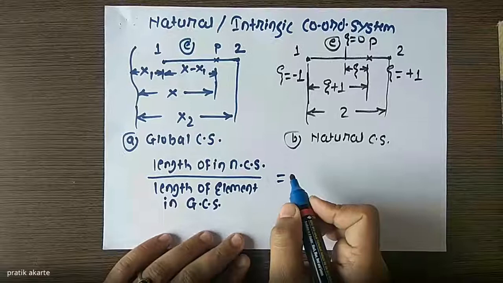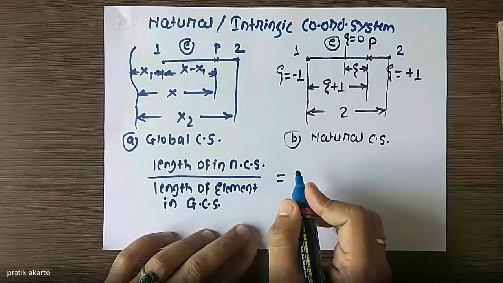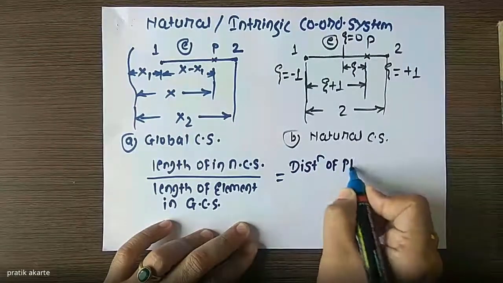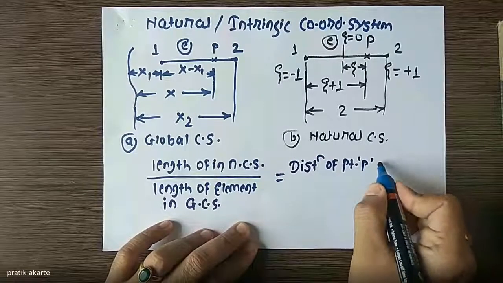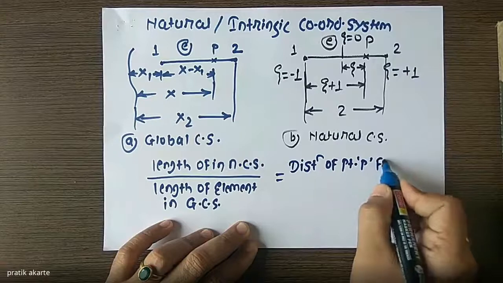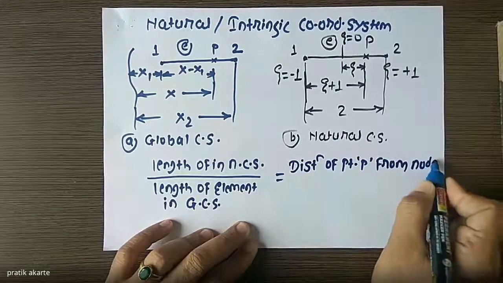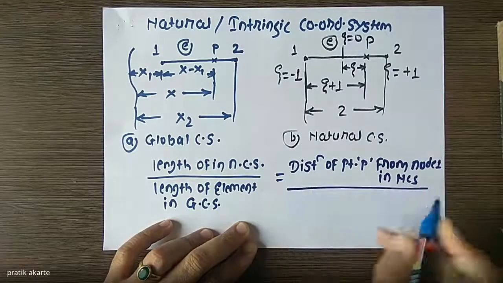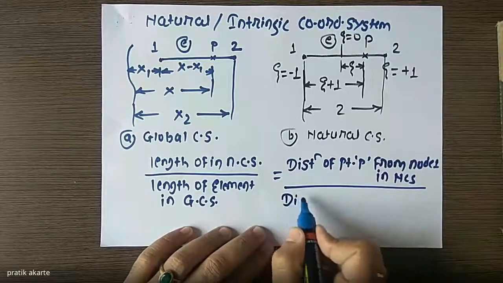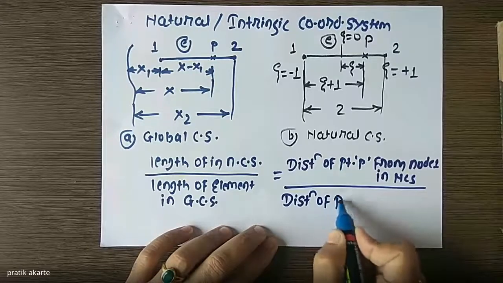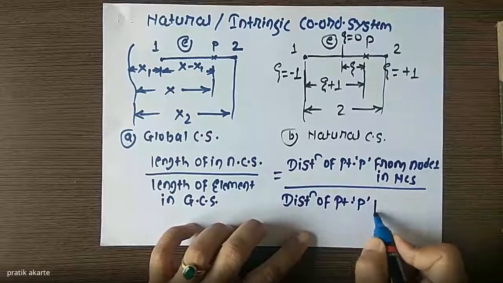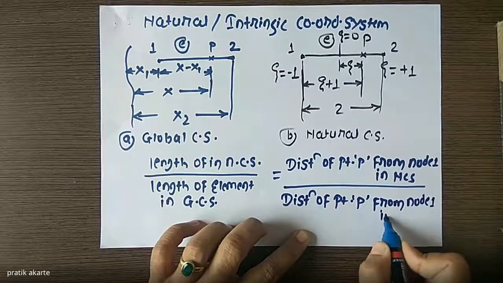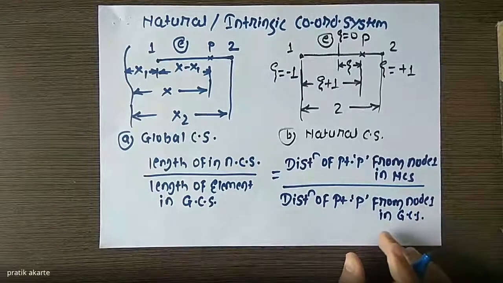This is a ratio to the distance of point P from node 1, which is equal to the distance of point P from node 1 in natural coordinate system upon the distance of point P from node 1 in global coordinate system. So this ratio we have to find out.